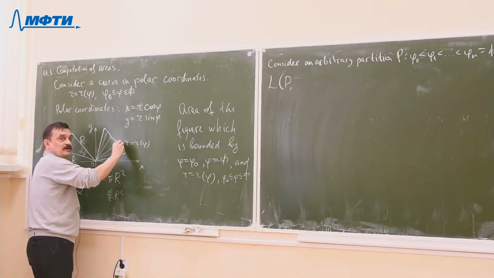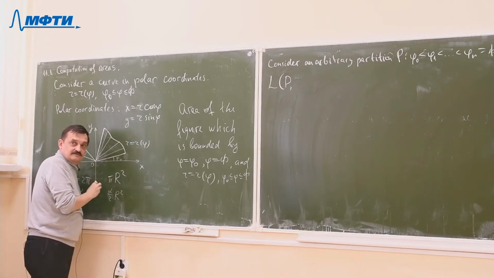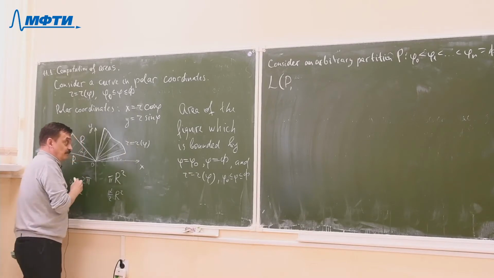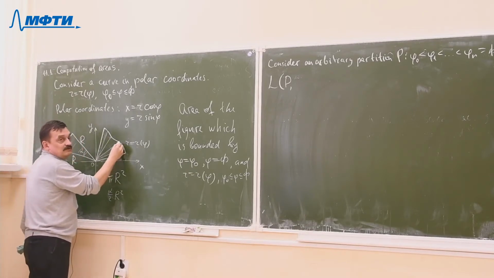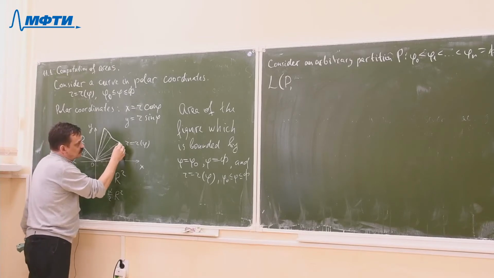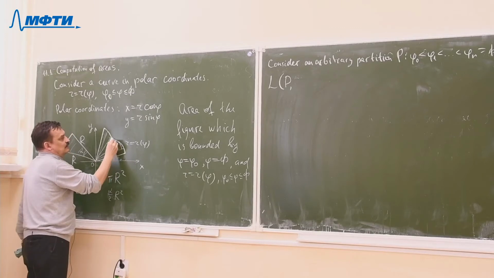When we travel along the boundary, the distance varies, right? But what can we do? Let us take the minimal distance.